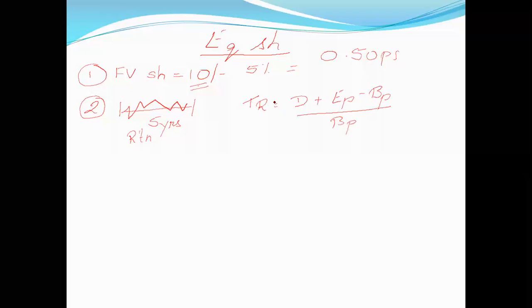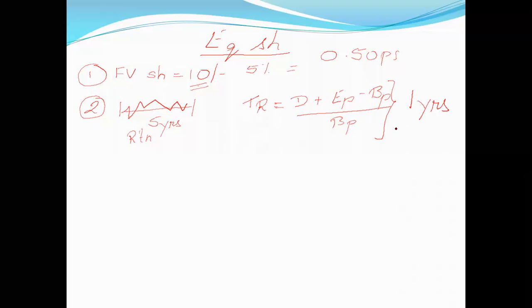This was the formula that we had learned in unit number 3 as far as total return. This formula is useful to calculate total return only when you are holding the share for 1 year.